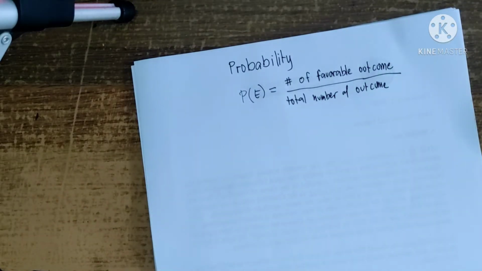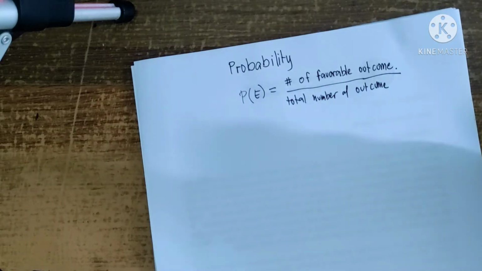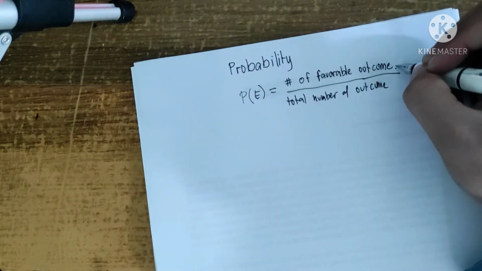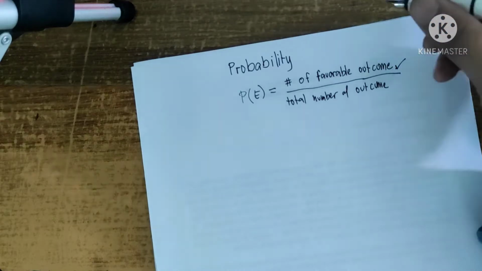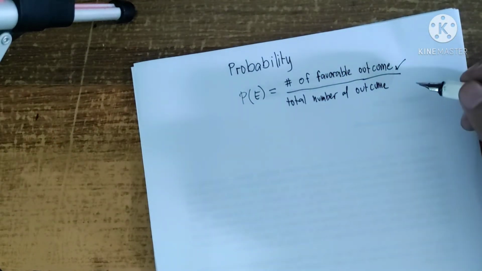So, for the formula, we have number of favorable outcomes or yung hinahanap mo lang. For example, if a family has 3 children, find the probability of having 3 boys. So, ilan yung mga probability na magkakaroon ng 3 boys sa isang family of 3. So, that is the number of favorable outcomes.